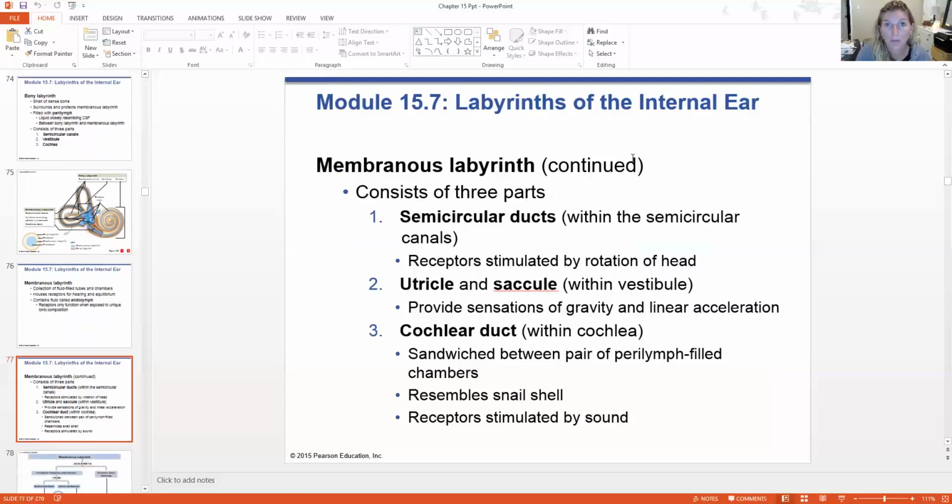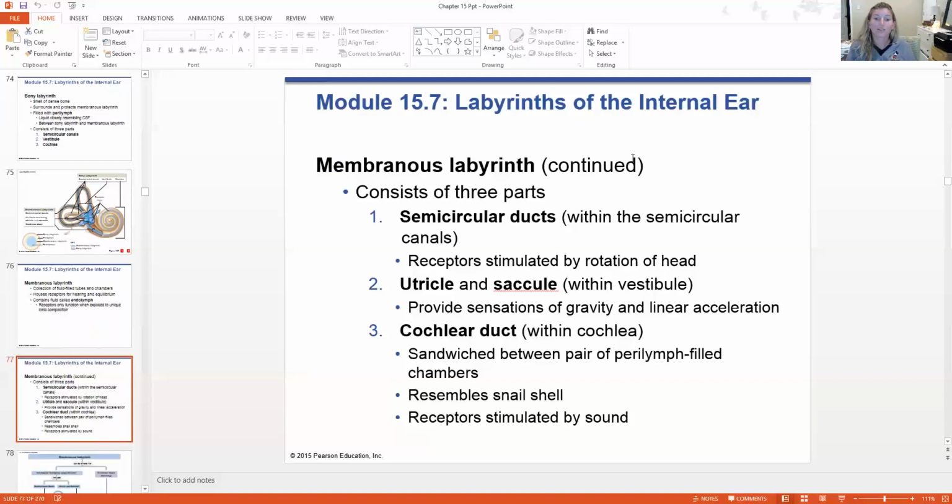So let's talk about this membranous labyrinth in more detail. You have the semicircular ducts, which are within the semicircular canals. They're stimulated by rotation of the head. I just stimulated my semicircular ducts, right? The utricle and saccule. These provide sensations of linear acceleration or gravity. Whoa, right? That's acceleration or gravity when you're falling, right? That's all done in the utricle and saccule. Then the cochlear duct.